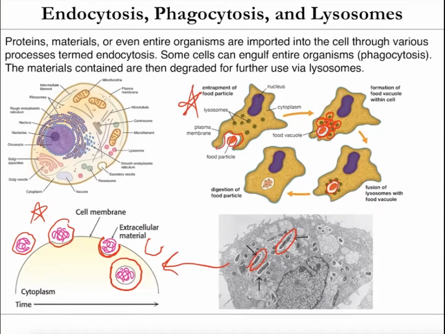And so these are very low pH, and they contain a bunch of digestive enzymes, and they'll fuse with that food that was taken in, and they'll end up breaking down those molecules. So this is a really important process for cells to get nutrients and building blocks and biomolecules from the external environment, break them down, and then use them for their own processes.